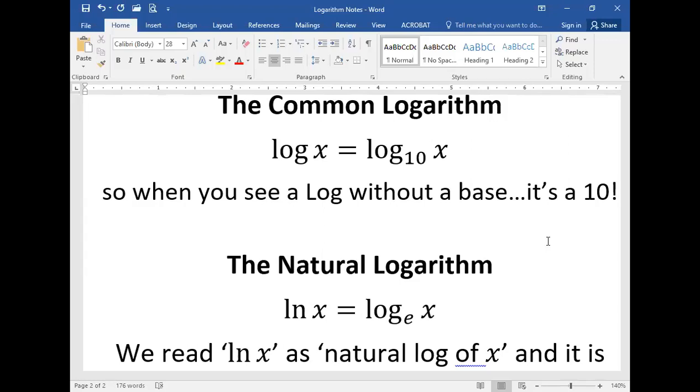Scientific notation. In science, it's like 6.73 times 10 to the yada yada, right? Do you know what I'm talking about? 6.022 times 10 to the 23rd.